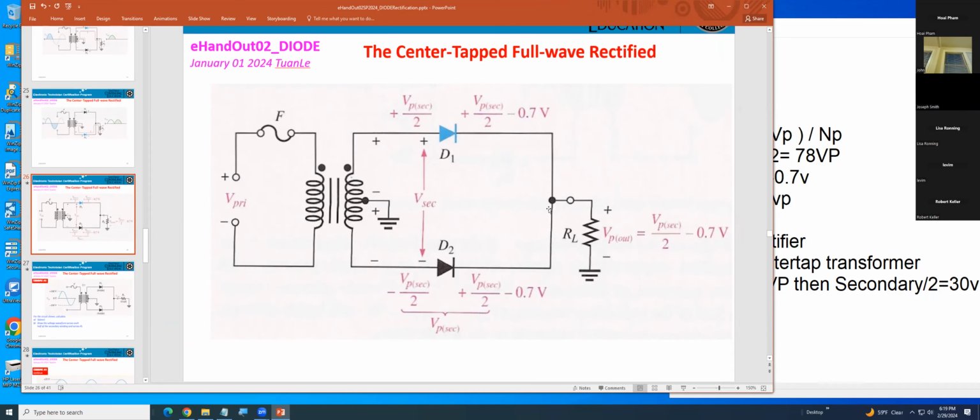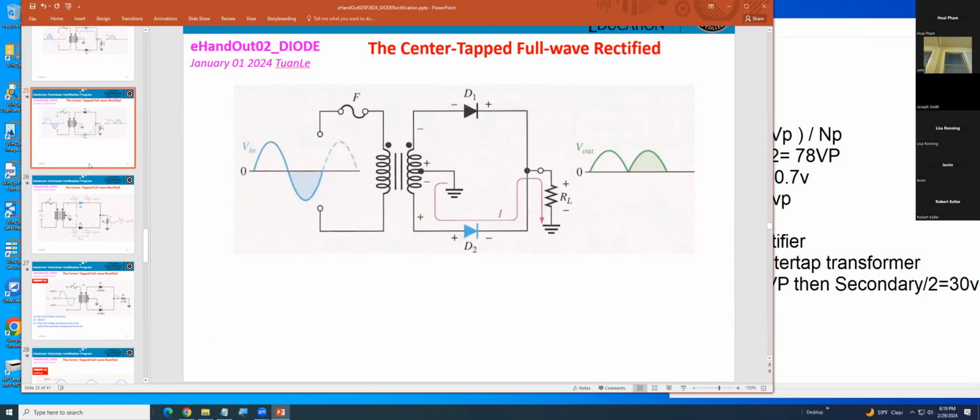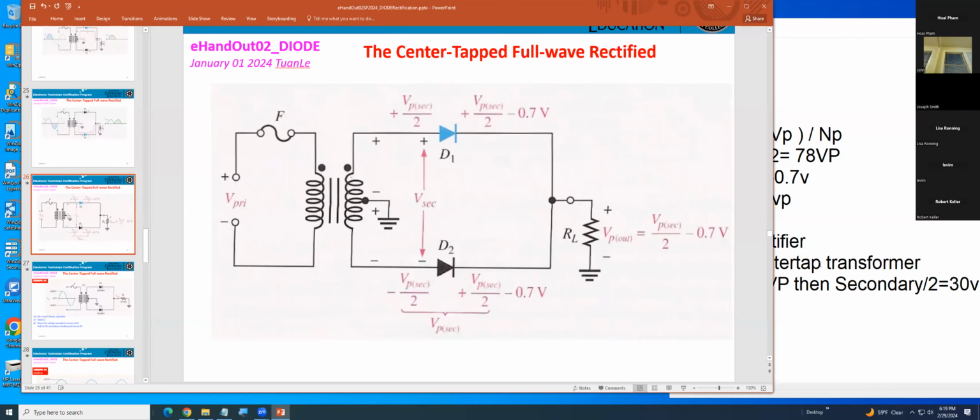No, not in the middle, but when the V out is measured in the middle here to the ground, either that one comes out or the other one comes out later. Oh, I think I got it. Because it's flipping back and forth. Right, exactly. One for that one, the other one for that one. So you're saying it's one at a time then? Right. So that's why you get only minus 0.7.